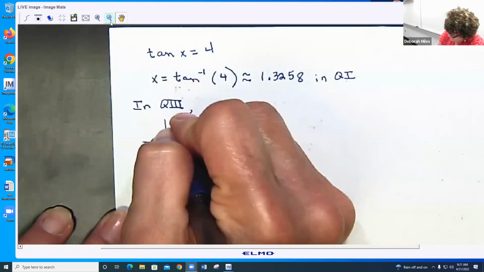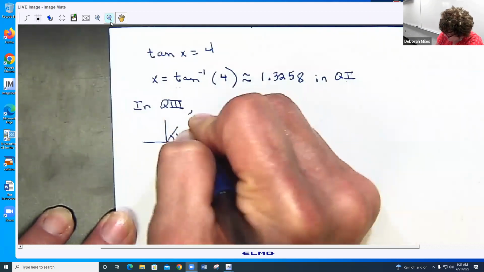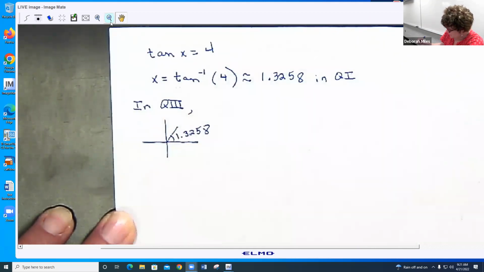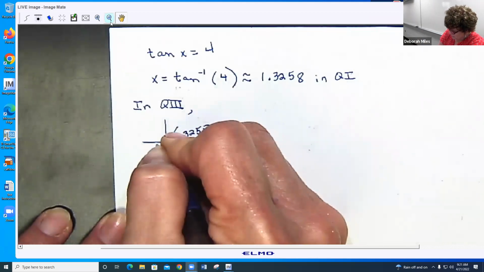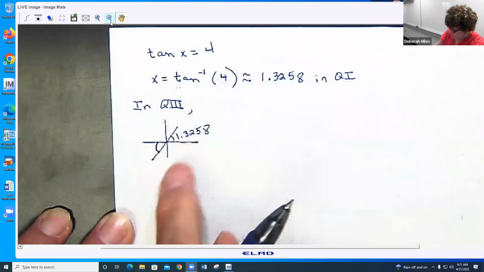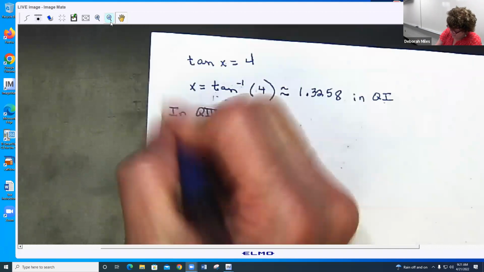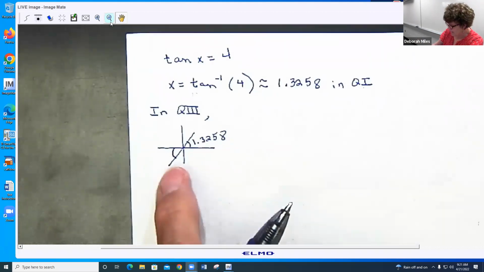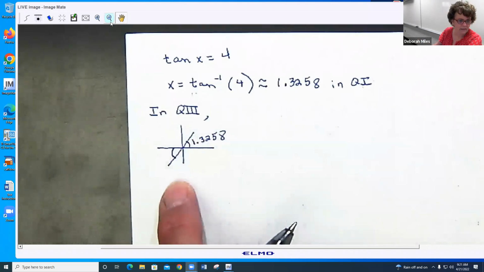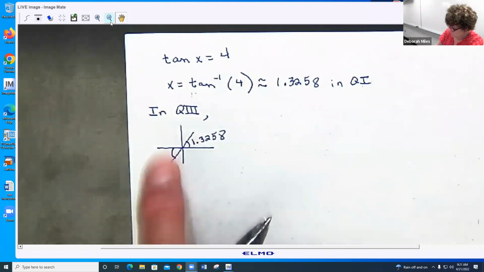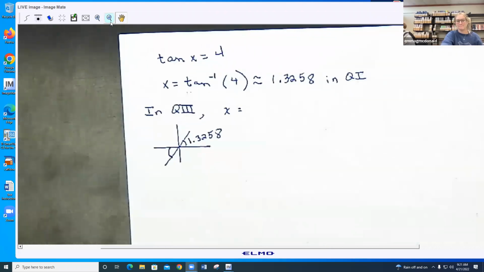At 1.3258, somewhere in the first quadrant, and I know somewhere in the third quadrant there's going to be another angle that's about 1.3 radians from the x-axis. How will I find that other angle? You could add 1.3258 to pi. Yep.